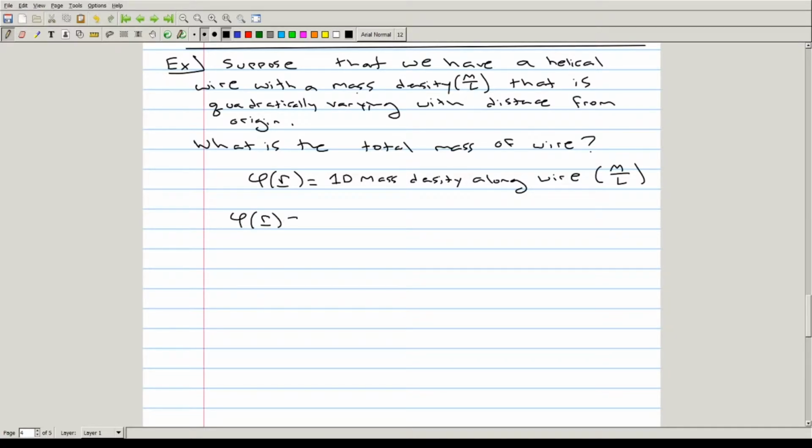So phi of r here is going to be some constant d, which just guarantees that the units will work out correctly, times x squared plus y squared plus z squared. Here I put quadratically varying with distance from the origin. So x squared plus y squared plus z squared is the same thing as the length of r, the distance from the origin, squared. It's the magnitude of this vector.